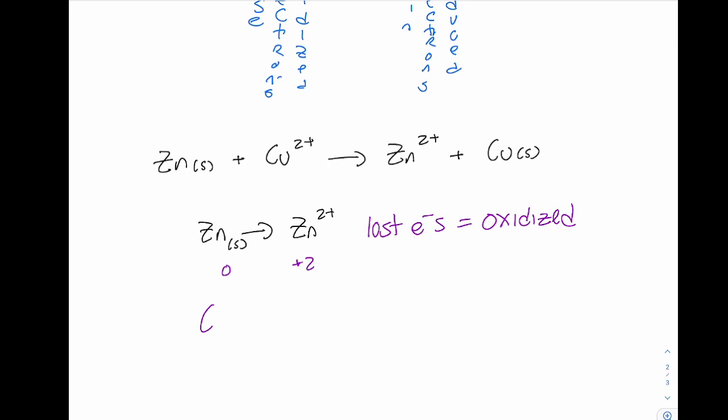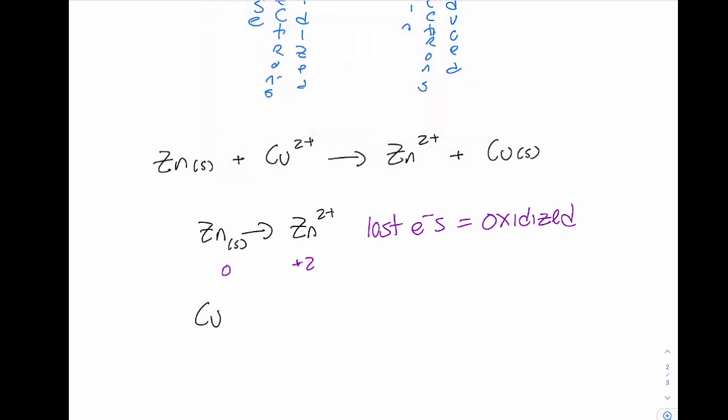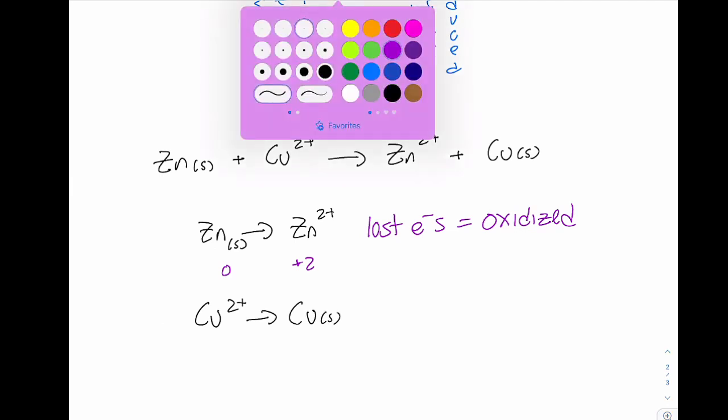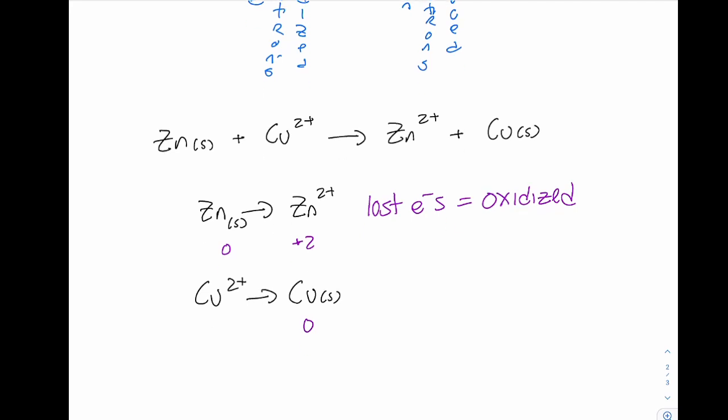If I look at copper, copper is going from +2. Just wanted to be somewhat consistent with my colors here. I'm forming copper solid. Again, if it's in its elemental form, its oxidation number is 0. If it's a monoatomic ion, so a single atom with a charge, its oxidation number is numerically the same as its charge.